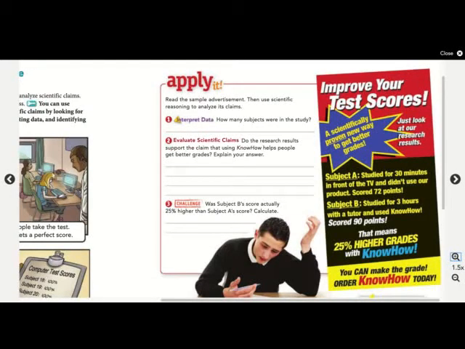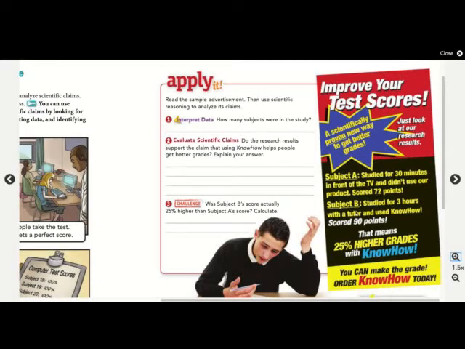And for number 2, we have evaluate scientific claims. Do the research results support the claim that using Know-How helps people get better grades? Explain your answer. We can see that they tested 2 people. Subject A only studied for 30 minutes in front of the TV and scored a 72.